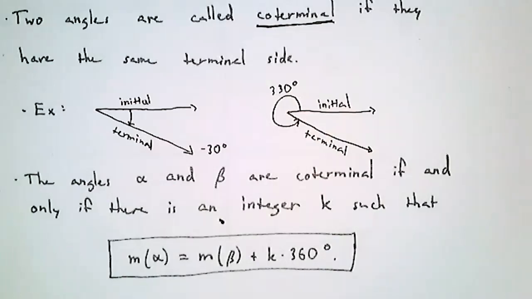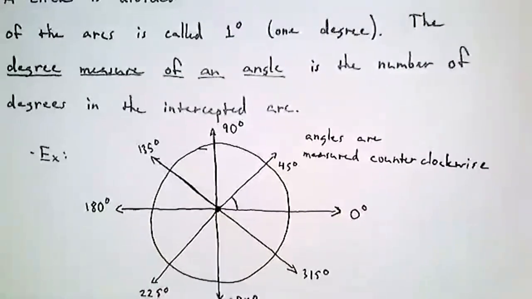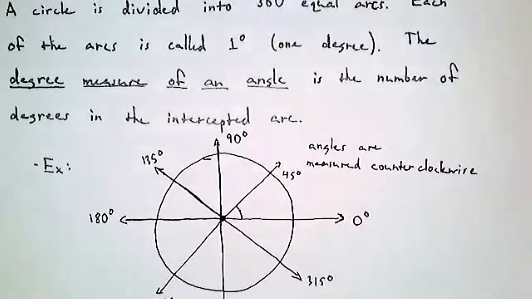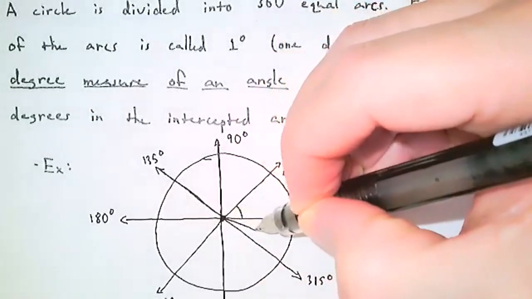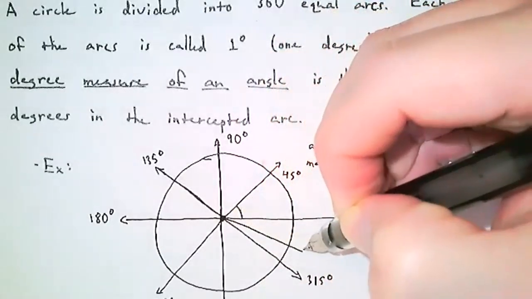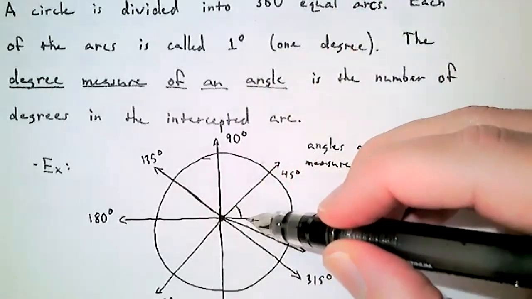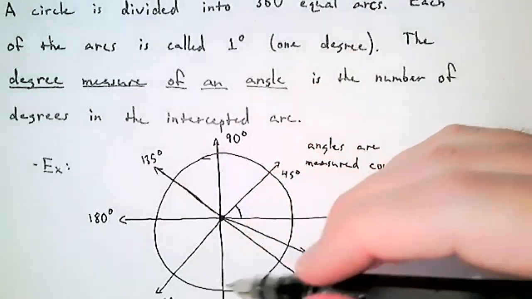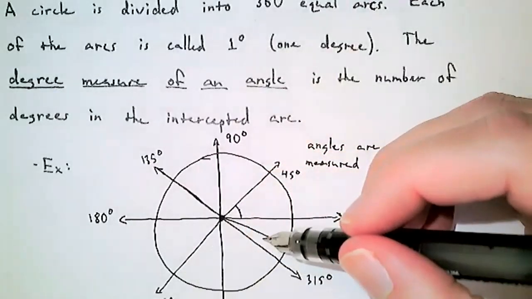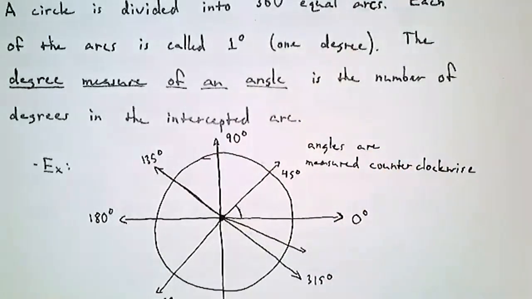Let's go back to that picture. So I'm trying to think of this angle down here in two different ways. So I want to think about going down clockwise around the circle or counterclockwise around the circle, but we still end up with the same terminal side.